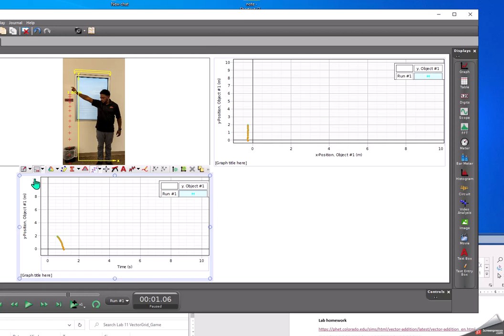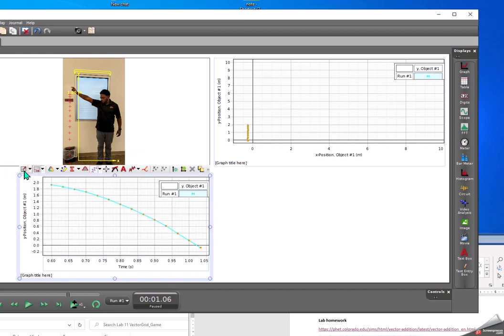So you can simply click auto fit, which means all of this is useless. See, the whole thing just happened between 0.6 and about 1 second. It just dropped very fast. It's only here. Therefore, you say auto fit, and it will blow up. So that's basically position versus time, the y position versus time.